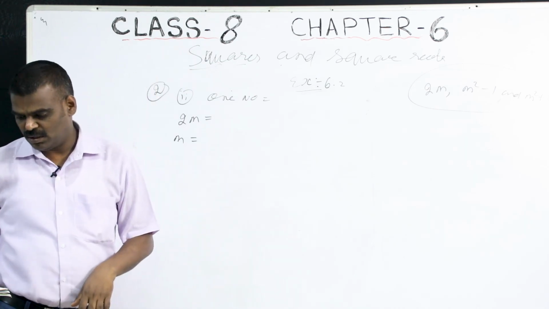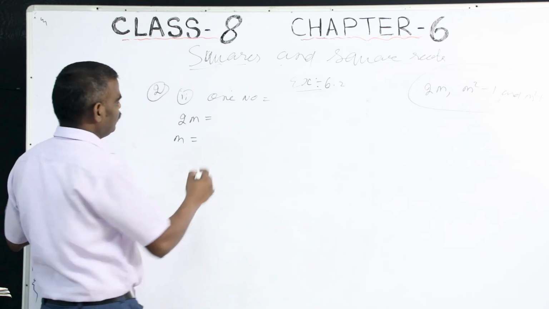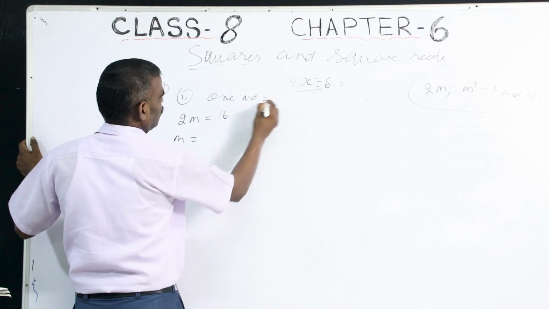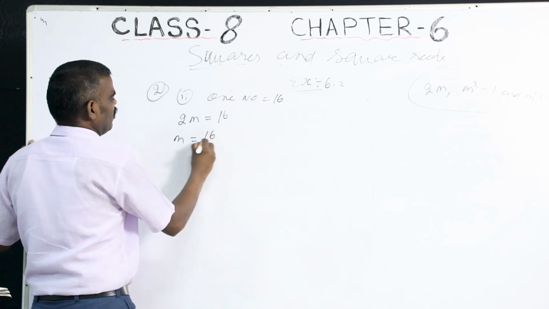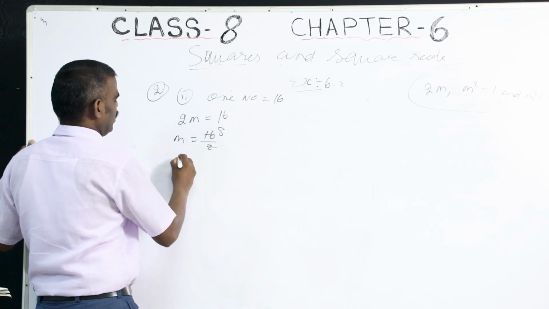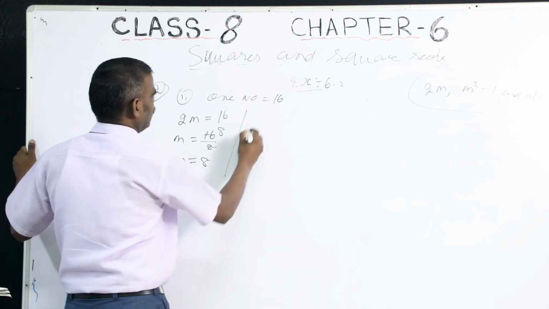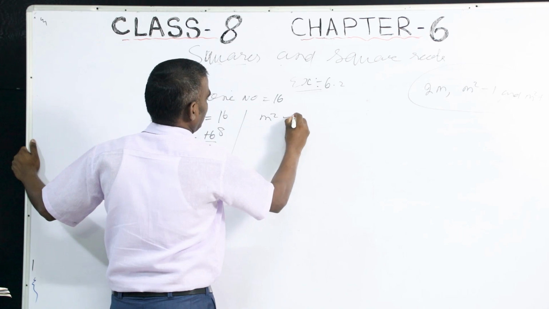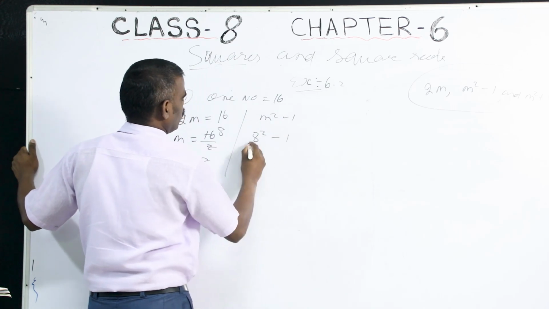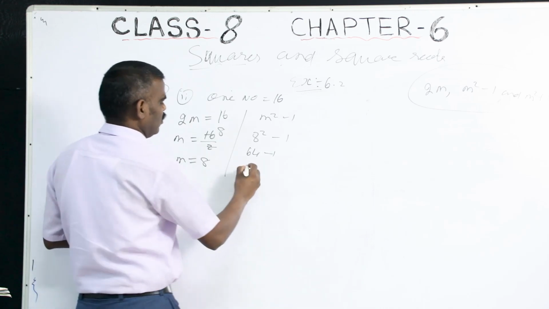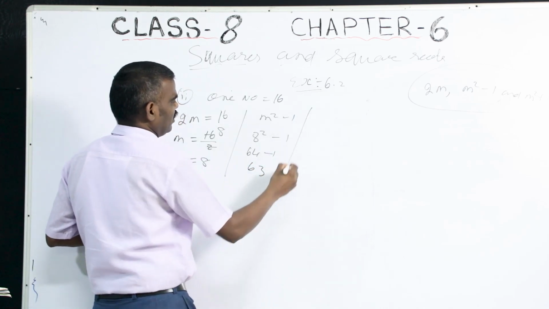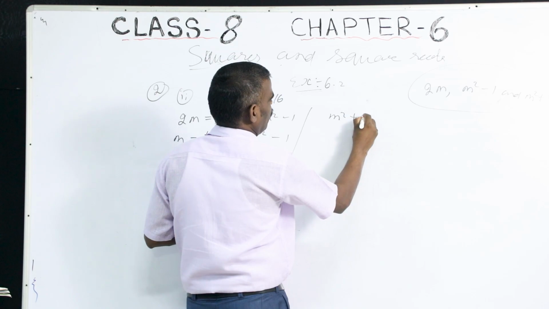Okay. Which one? Let us go to 16. So 2m is equal to 16. M is equal to how many? 16 divided by 2. How much? 8. So m is equal to 8. So m square minus 1. 8 square minus 1. 8 8s are 64. 64 minus 1. How much? 63. Next, m square plus 1.